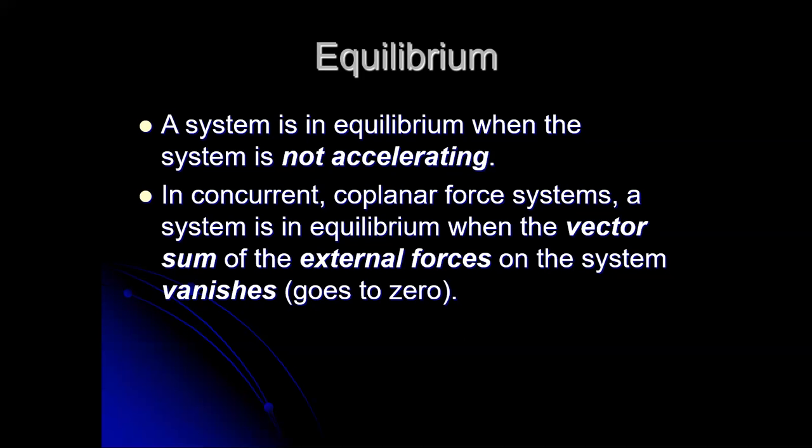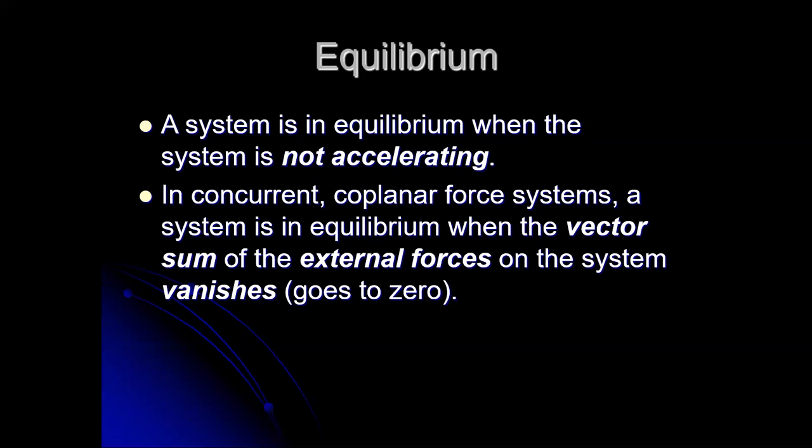In application, we know what the sum needs to be. We know that when we add up all those x components or we add up all those y components, if that system is in equilibrium, that sum has to be 0. So since we know what the sum has to be, that leaves us with the possibility of solving for an unknown quantity.